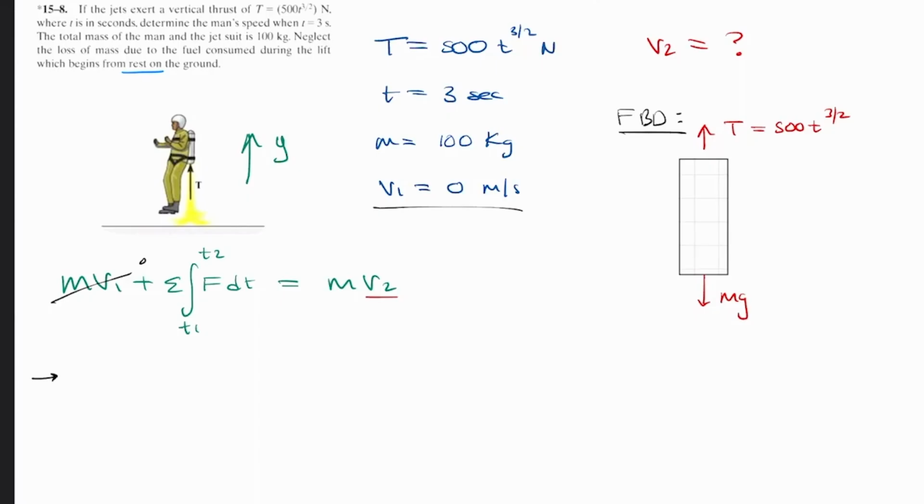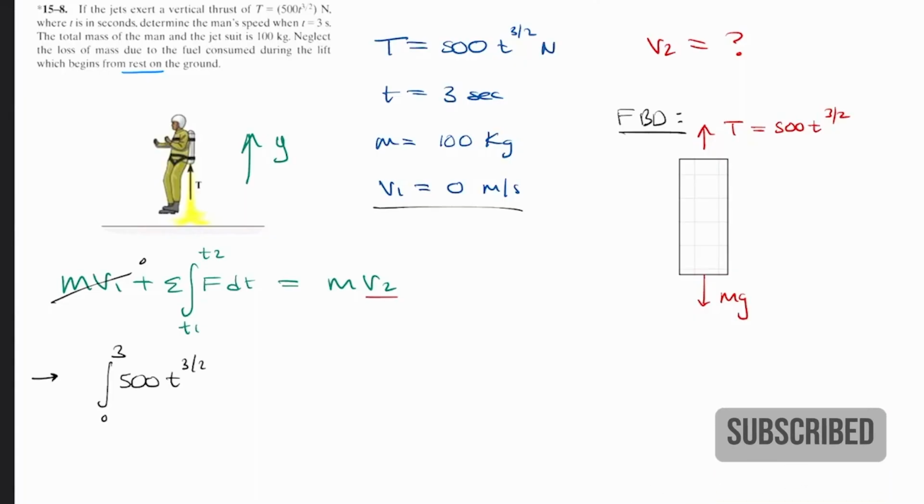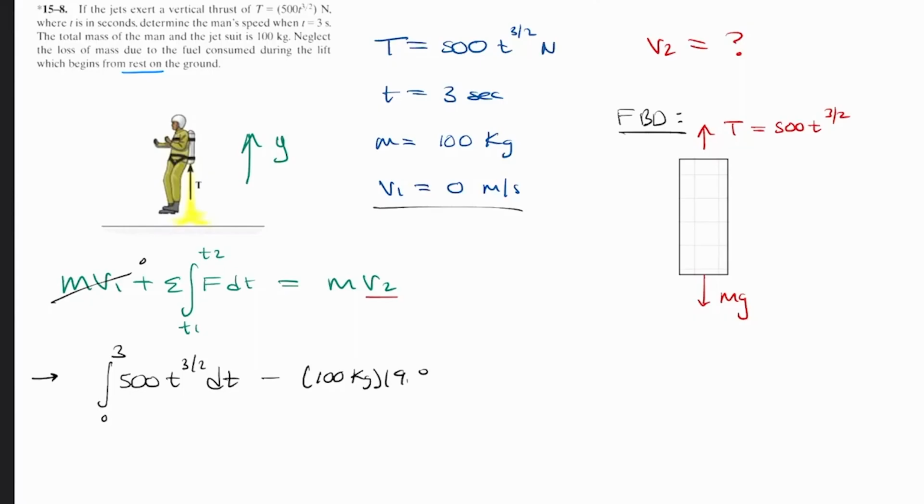So this is equal to, because this one starts from rest, this term also goes away. So we have here then only the summation of forces. So this will be the integral from 0 to 3 seconds of our force, which is 500 t^(3/2) dt, minus, right, that's the only force that we're integrating because that's the only force that's variable, minus the weight, which is 100 kilograms times 9.81 meters per second squared, times the 3 seconds.